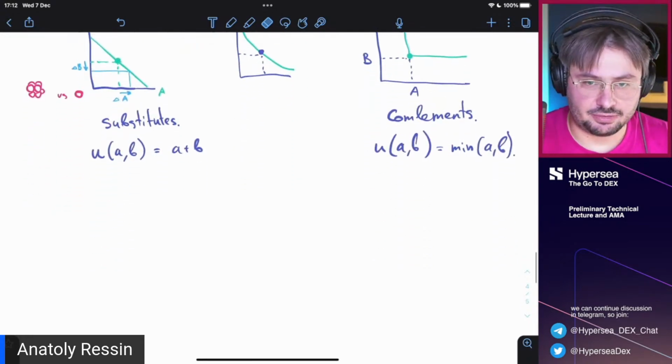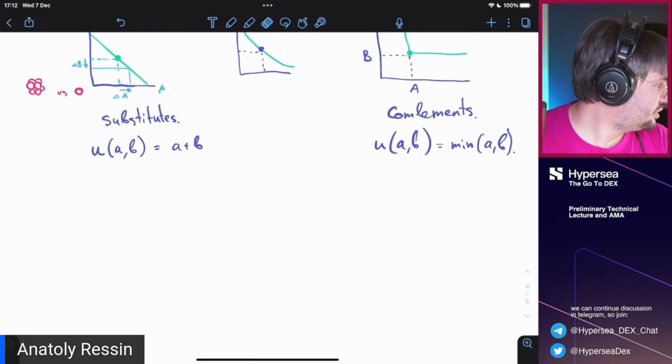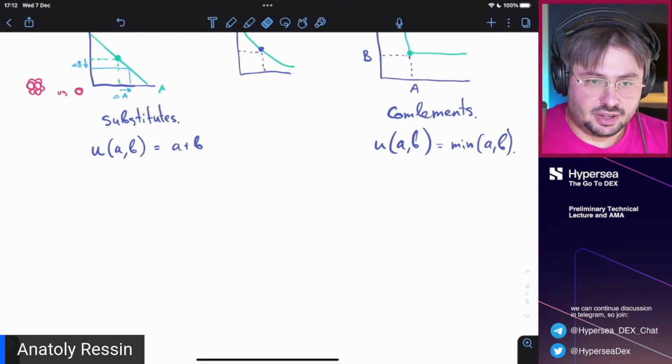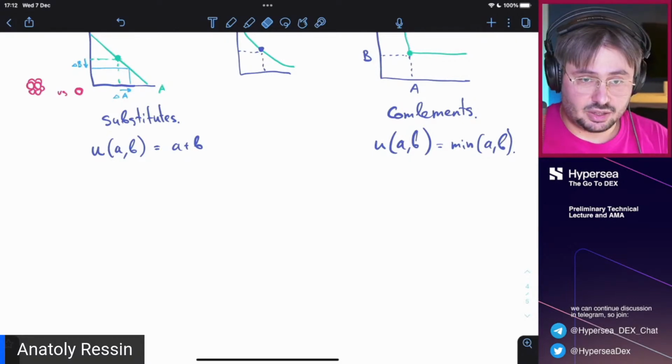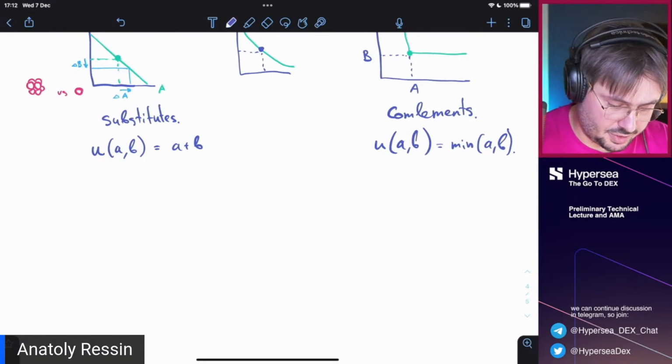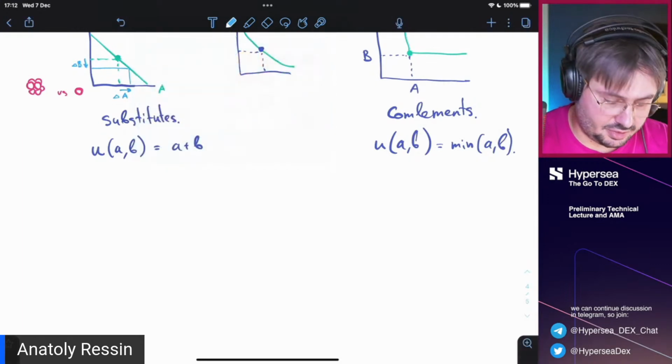Let me show another picture that is interactive.